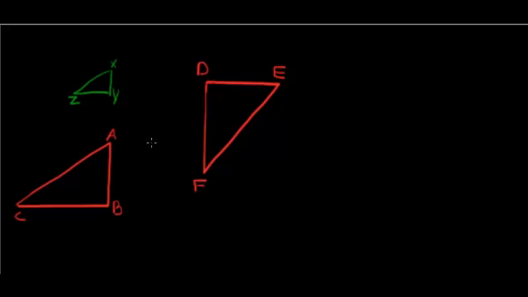Another idea we're looking at here is corresponding parts for the triangles. Now, triangle ABC and triangle DEF, since they're congruent, we can take a look at their sides and their angles and determine what parts match up and would be the same angle measurement and the same side length. I think a good way of doing that, from my perspective, is to rotate the triangles so that they match up a little bit easier.